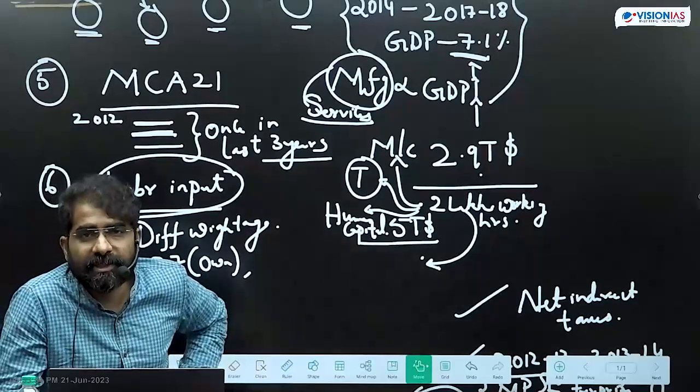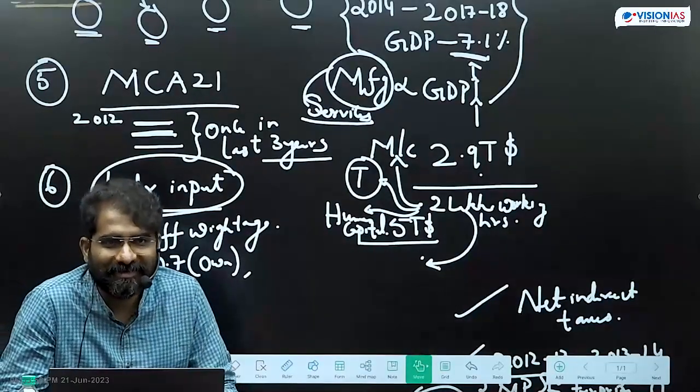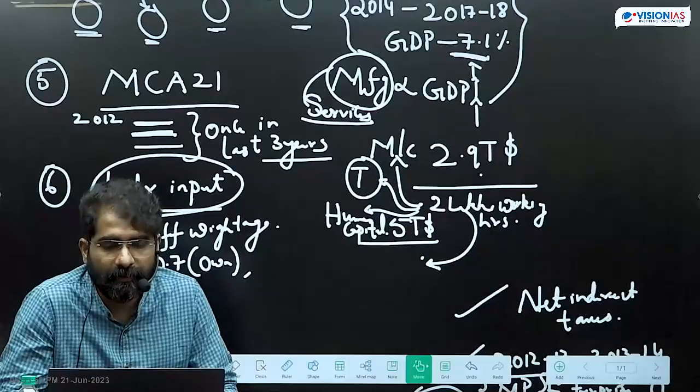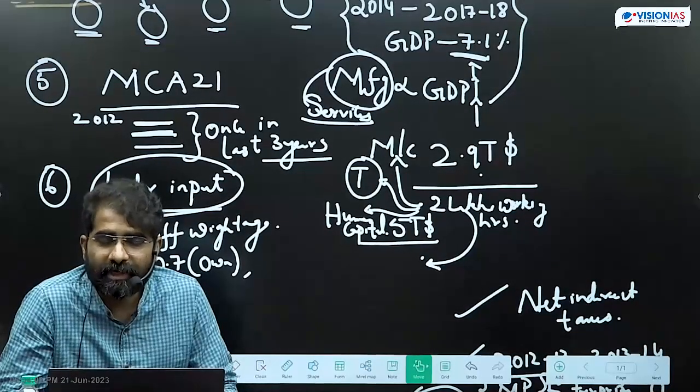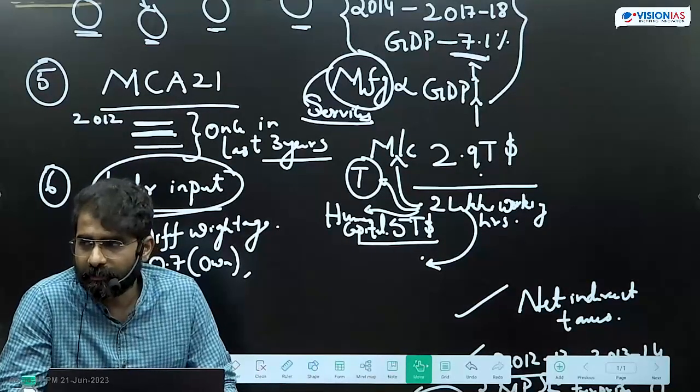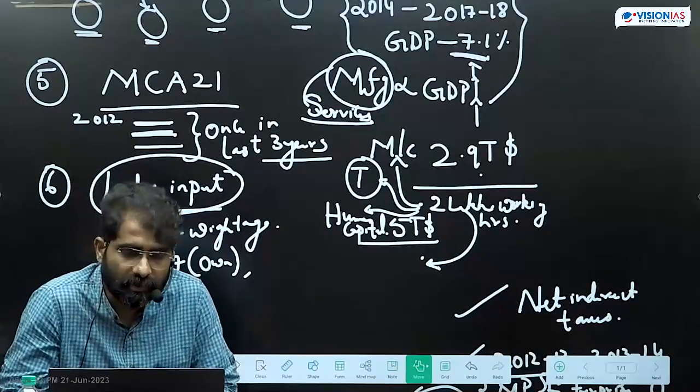Basic prices include net production taxes. You know this, right? Factor cost plus net production taxes.